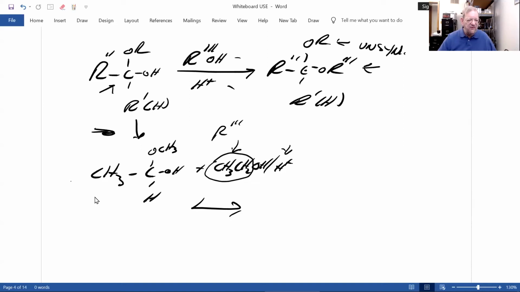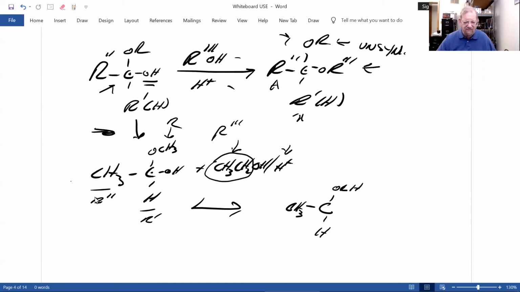If we look here, what's attached to that carbonyl, except for the hydroxyl group, is still attached. So I can look at this and say, R prime is hydrogen, this is our double prime, and this is R. And my general reaction tells me this alcohol will be bonded like that.